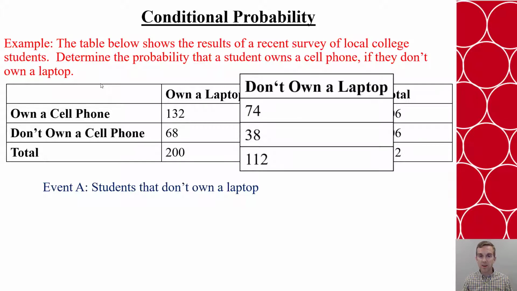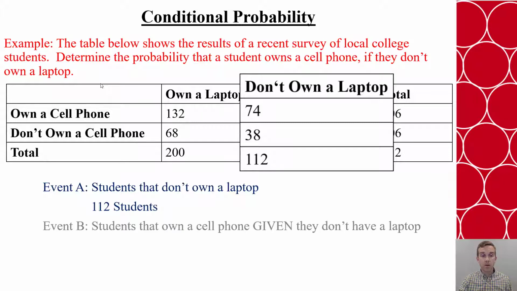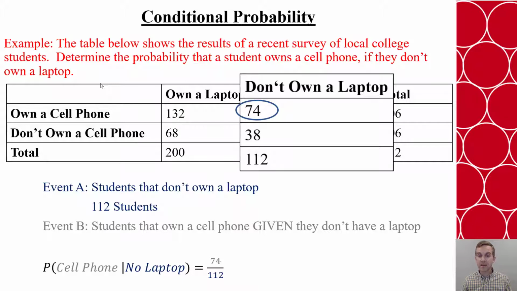We're looking only at this given group of students. Then we're looking at the students that own a cell phone given this specific group. And that would be the 74 students listed here. That means that the probability that a student owns a cell phone given they don't own a laptop is 74 out of the 112.